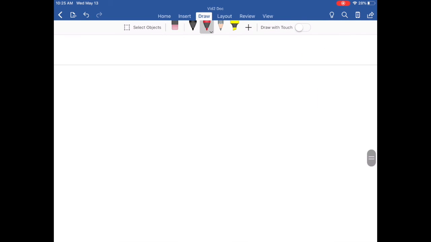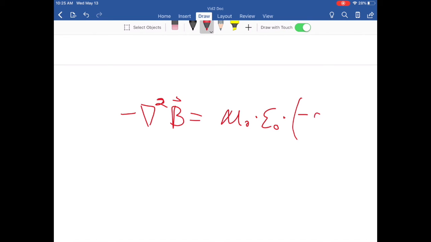So that'll afford us negative del squared B, and that's equal to, now on the right hand side, mu naught times epsilon naught times the quantity of the negative double derivative of the magnetic field with respect to time.